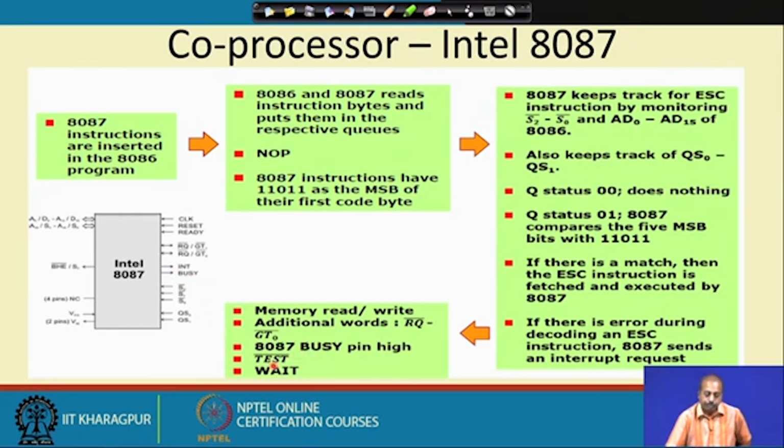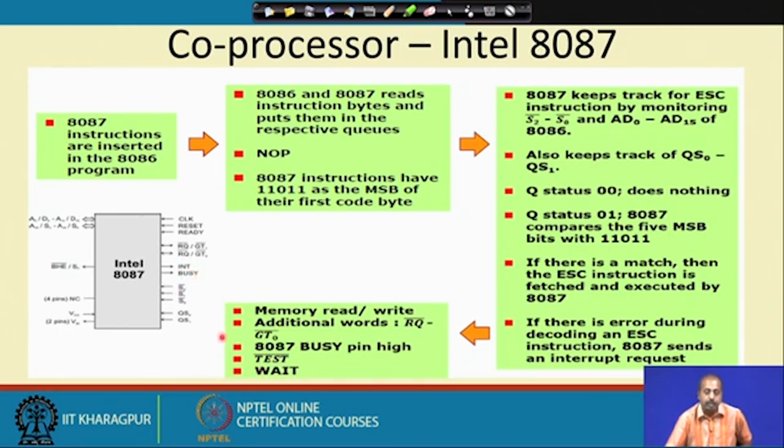That busy pin is connected to the TEST bar pin, so the TEST bar pin is not active now. After some time, when the 8087 finishes the operation, this busy signal will go low.